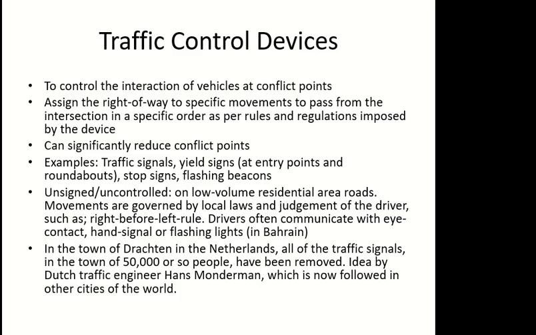So what are the examples of traffic control devices? We have signals, we have yield signs, the give way signs, the inverted triangular signs, we have stop sign, and sometimes we use flashing beacon as well. You may have seen flashing beacons for pedestrian crossings.